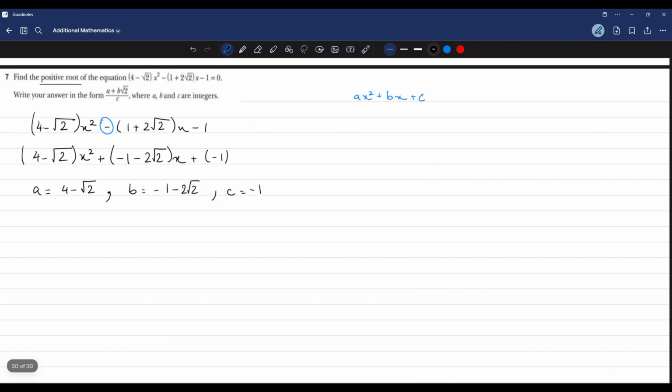So if I use the quadratic formula now, I would get −b, so this would become positive 1 + 2√2, plus minus the square root of b squared, which would be (−1 − 2√2) whole squared, minus 4 multiplied by (4 − √2) multiplied by c, which is −1.